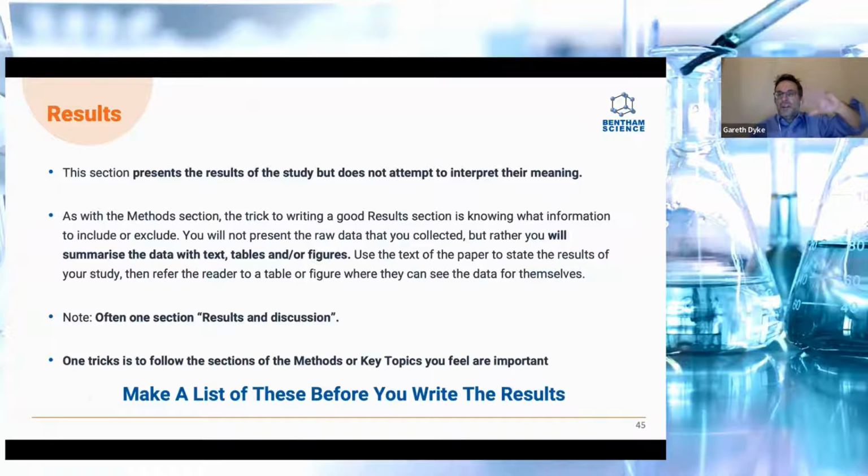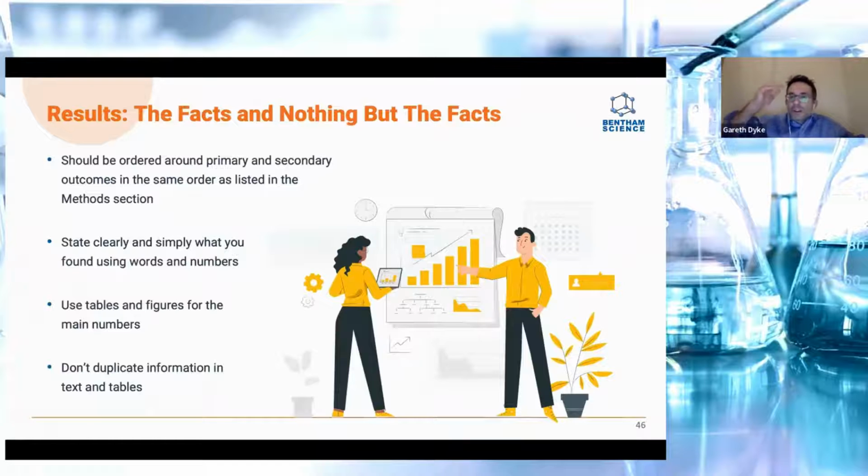So information in the methods is presented one after another in terms of what was done in the study, first, second, and third, and then the results from those different sections of the methods are presented in sequence in the results. So you order your results section around primary and secondary outcomes in the same order as listed in the method section, stating clearly and simply what you found using words and numbers, and basing your results section around figures and tables.